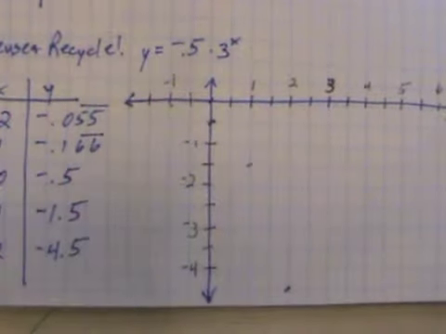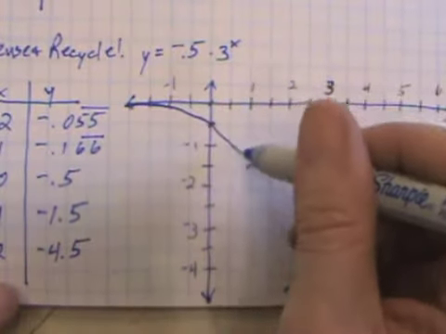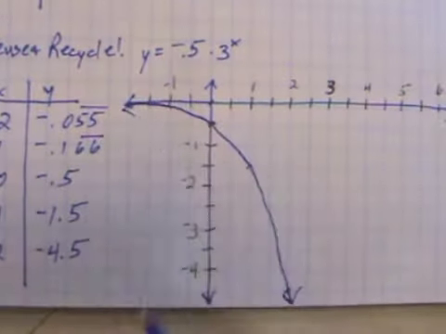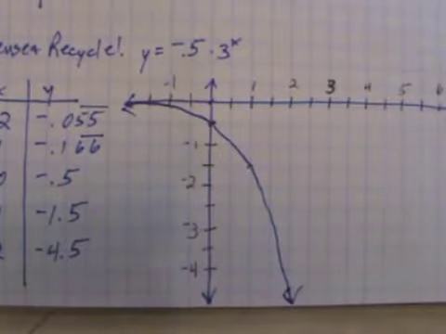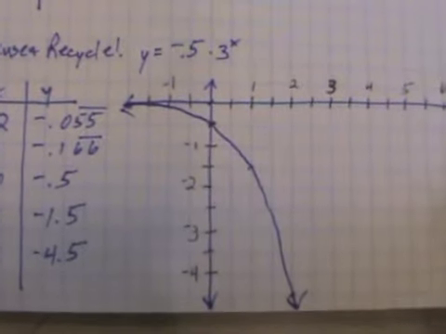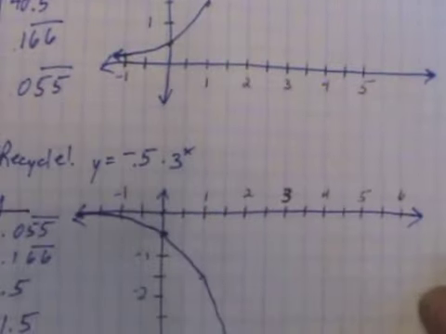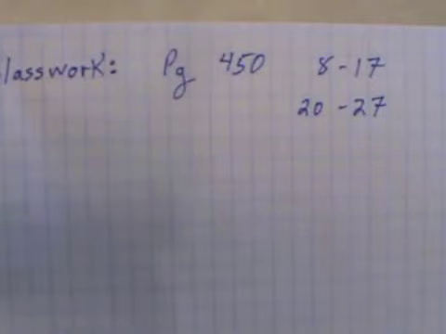And then again, with the artful curve, there you go. If I had plotted letter A and letter B on the same graph, they would be mirror images of each other.